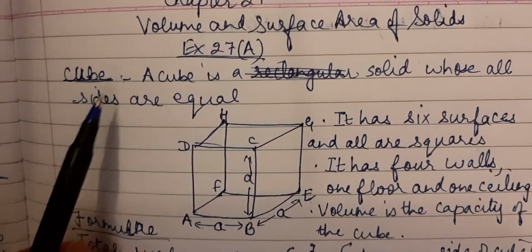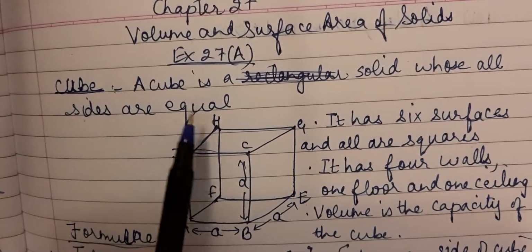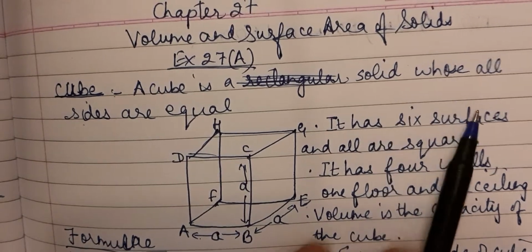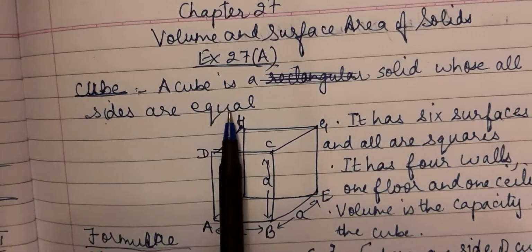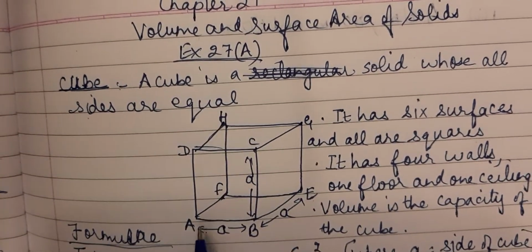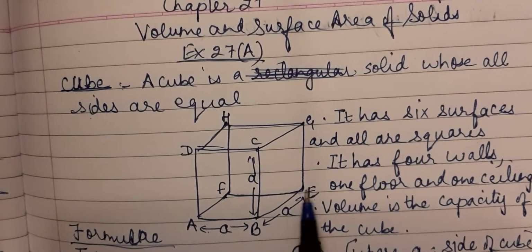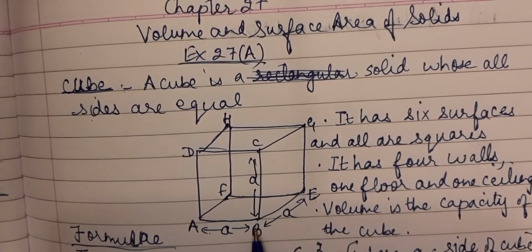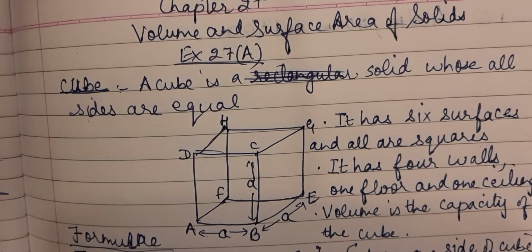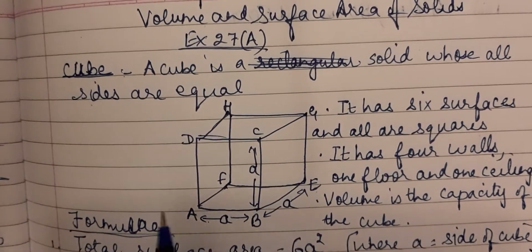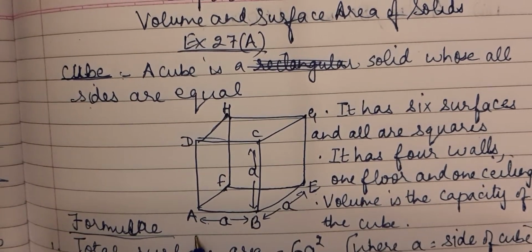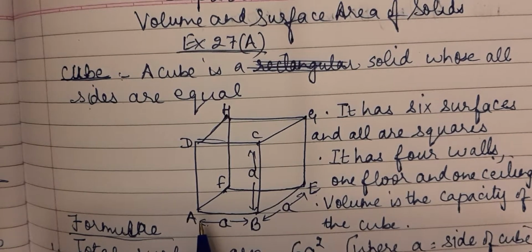Now first see what is a cube. Now a cube is a solid whose all sides are equal. All sides means length, breadth, height, they are equal in a cube. As you can see the figure, I have drawn a cube for you.